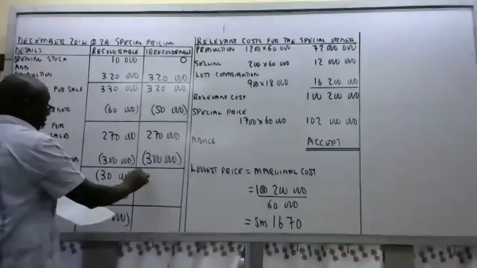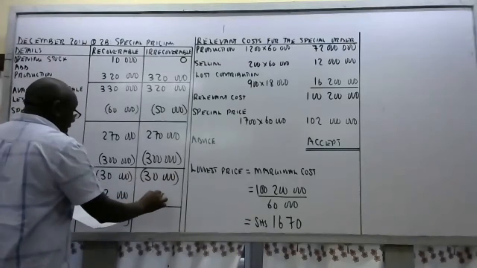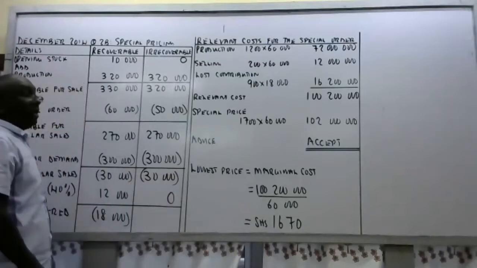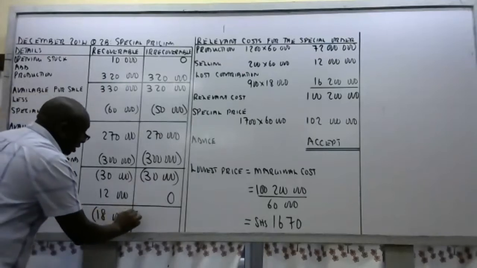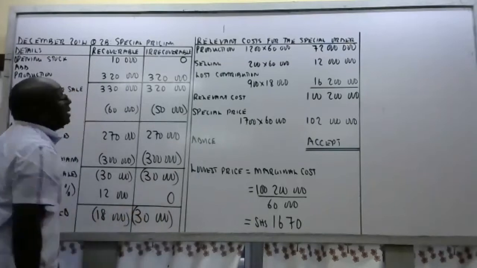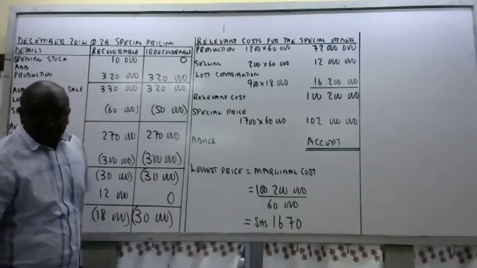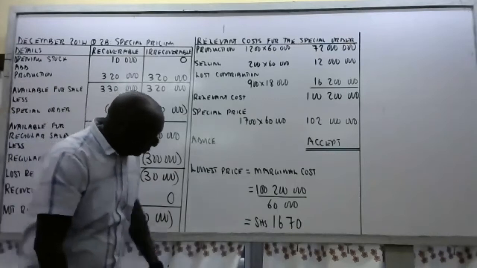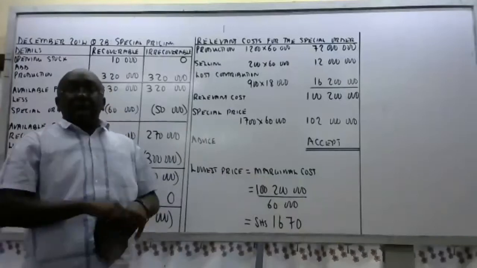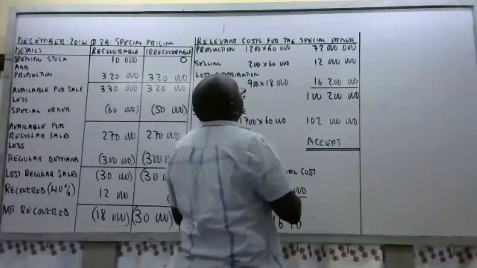So the lost sales still remain 30,000, but you are not recovering anything. The irrecoverable is 30,000. So I would like you now to work out on your own. Finally, you will tell me whether we accept or reject.